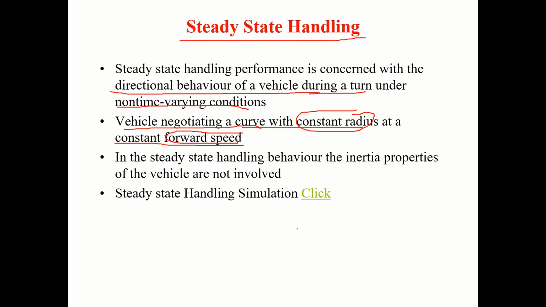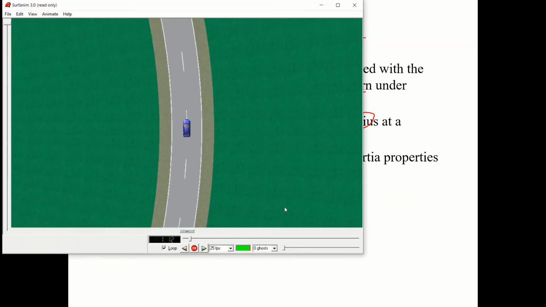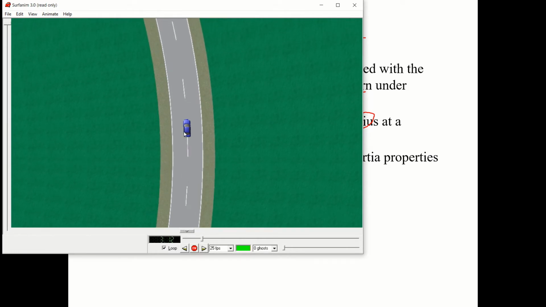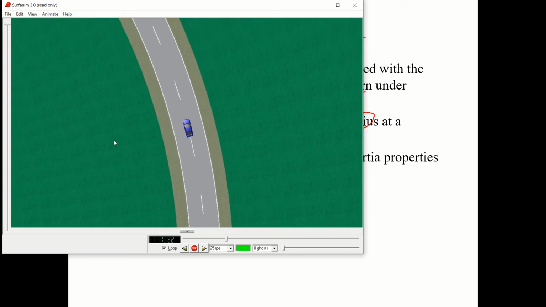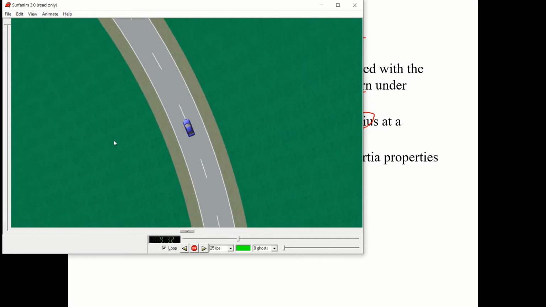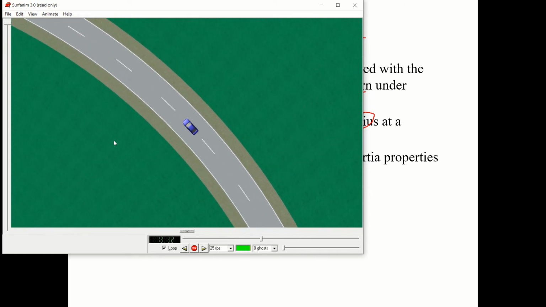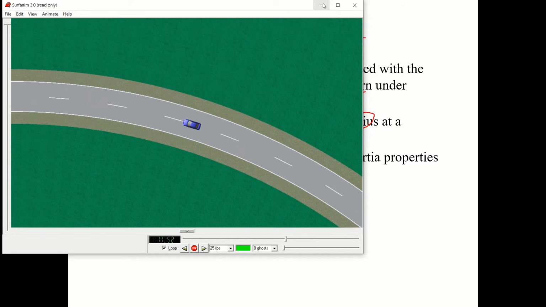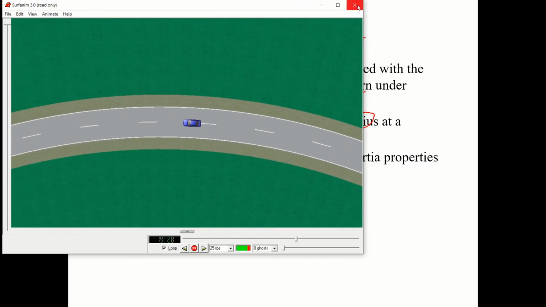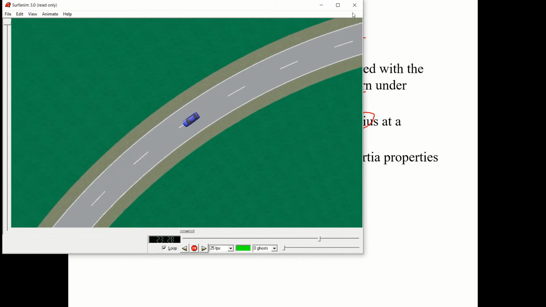So it is something like this. Constant radius with constant forward speed, it will be taking a turn. That is what we mean by steady state handling. Okay, all right.